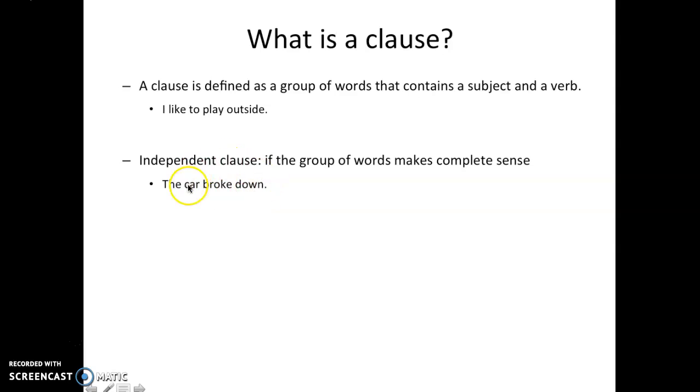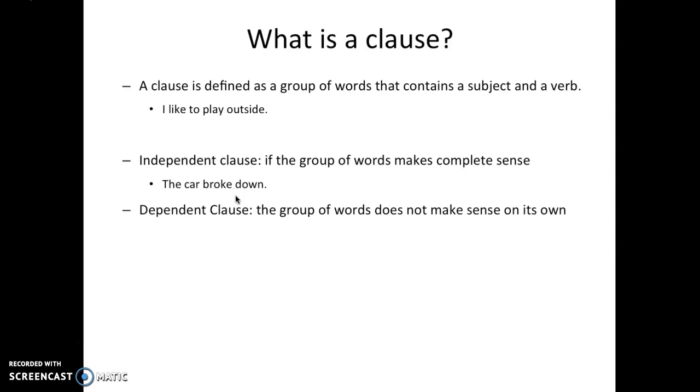Why? Because you have the subject, the verb, and the rest of the sentence, and it makes sense. Okay, if you write this, then there's no problem. It's grammatically accurate. Now, you have what is called a dependent clause.